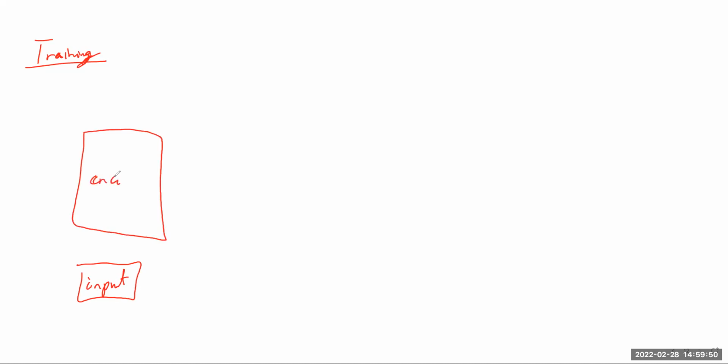So during the training, you have basically an architecture that should look like this. You have input, and this is very high level, okay? You have input, then you have a big thing that is called the encoder. You give it the input, it goes into the encoder, and you get what is called the encoder output. Then on the other side, you have what is called the decoder.